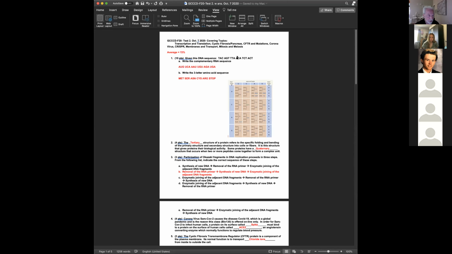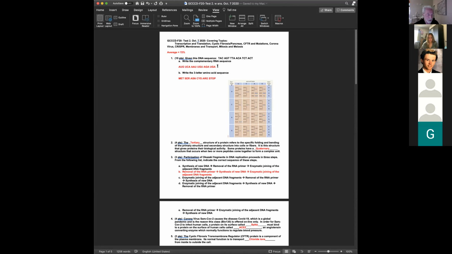So every place in this DNA sequence that you see an A, in RNA, that would be a U. So the first codon, the C, specifies a G. So the first codon in RNA would be AUG. The second one, AGT, would be UCA, and so on. I'm not going to go through the whole thing.